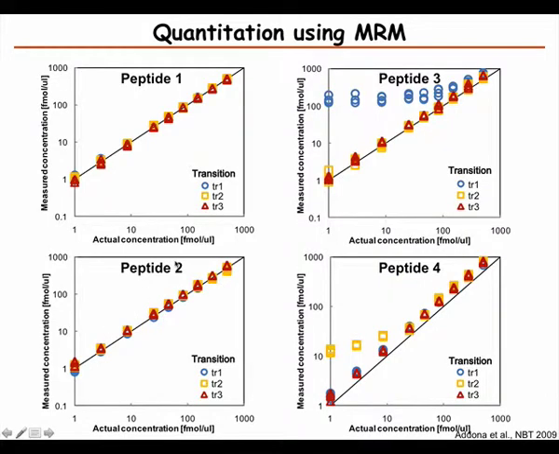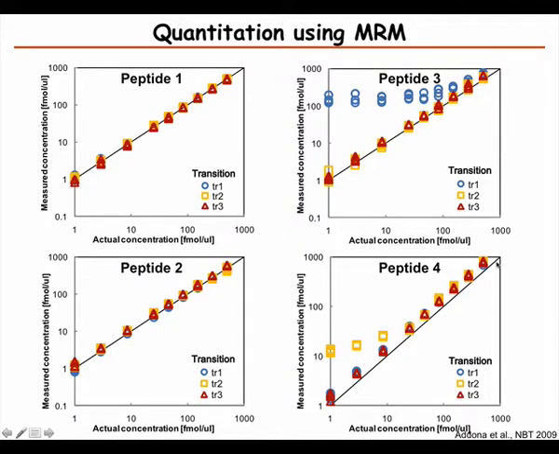But then we also have other peptides where 2 transitions behave nicely, but the third one deviates because of interference. And then we have a third case, where we have this deviation in one transition, and we also have a systematic shift away from the straight line.